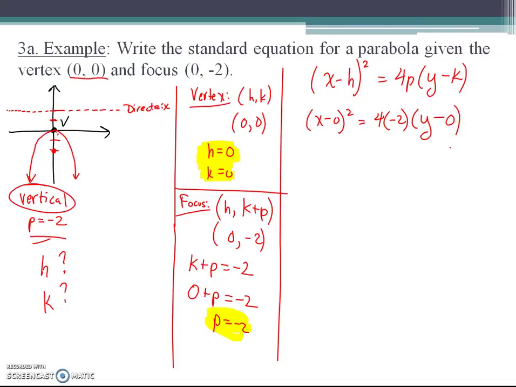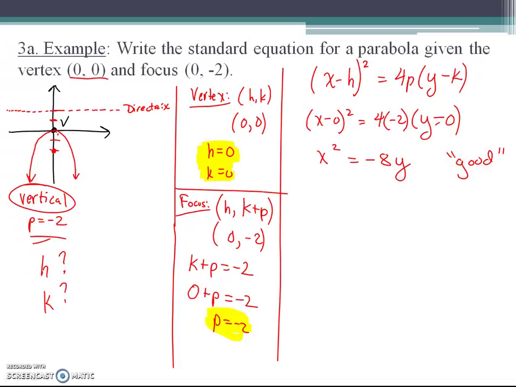And now just simplify the heck out of everything. x^2 = -8y. The 0 goes away.